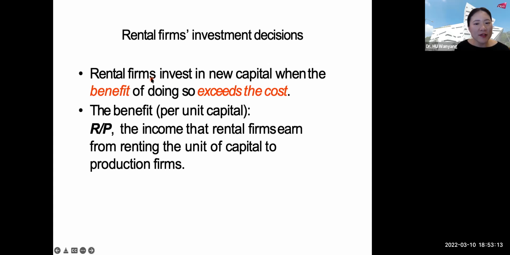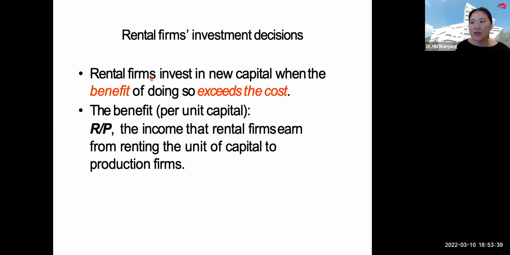If the benefit is greater than the cost, then we invest, right? But the question is how we translate this intuition into an operationalized math formula. This is what we need to do in the next several steps. Basically, we want to use some mathematical formula to represent the benefit. What is the benefit? What is the cost?